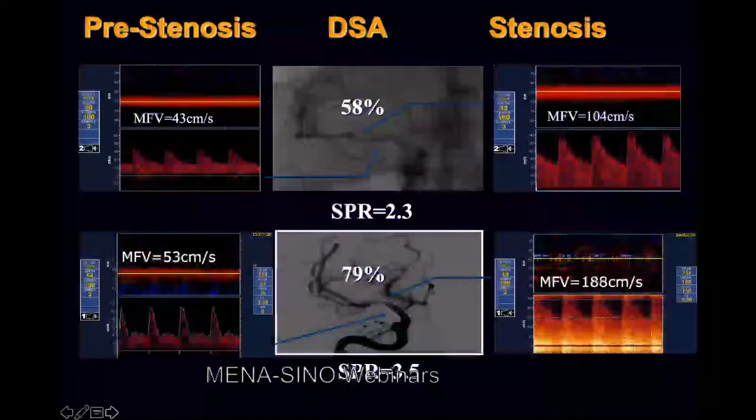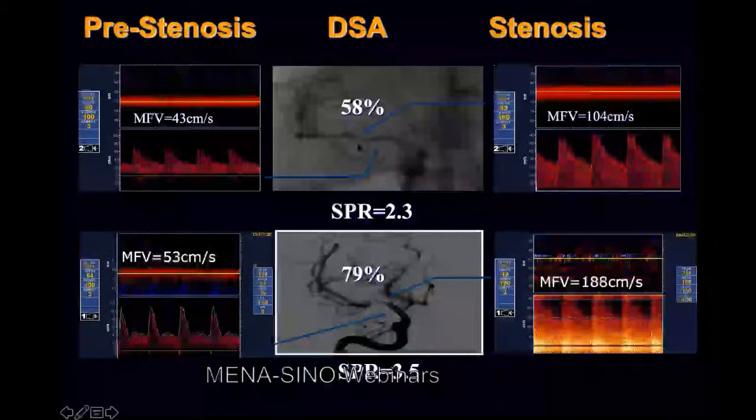Let me give you an example here. This is a case of 58% stenosis in the MCA. The velocity at the stenotic site is 104. Before the stenotic site it is 43. The 104 over 43 ratio is 2.3. It's less than 3, so that's consistent with less than 70% stenosis.